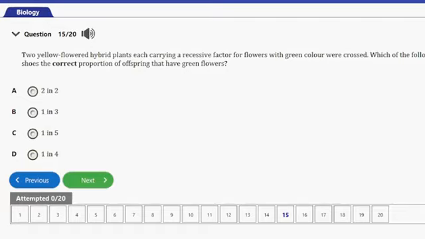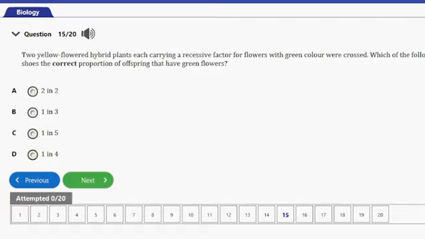will definitely be 3:1. So since we said here these plants are actually yellow colored with green recessive, the phenotypic ratio will be 3 yellow colored to 1 green colored.